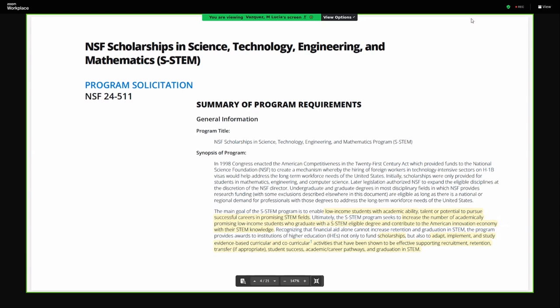Your proposal might be great, but if it doesn't match what they're looking for, they're not going to fund you. Personally, I make a list of the specific things, for example, that they're looking for evidence-based curricular and co-curricular activities. I start developing a list of what the granting agency is looking for. I know these documents tend to be really long, but they're very, very important.